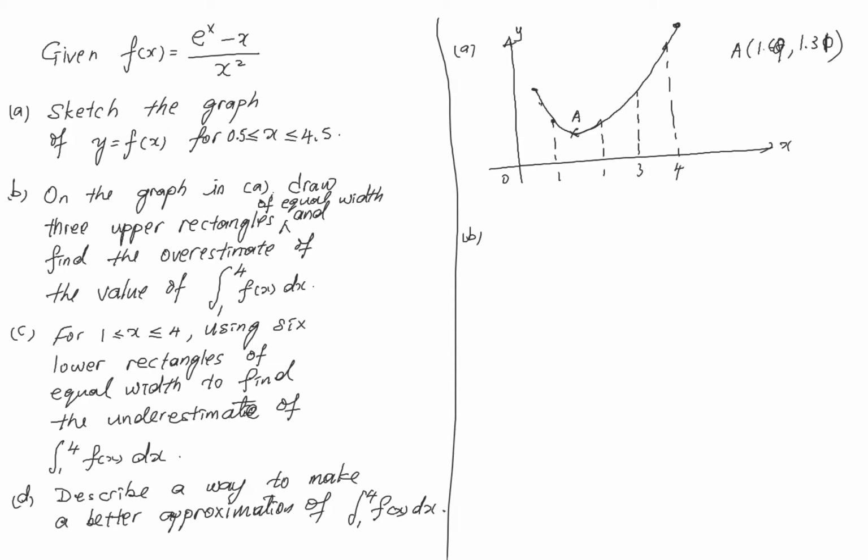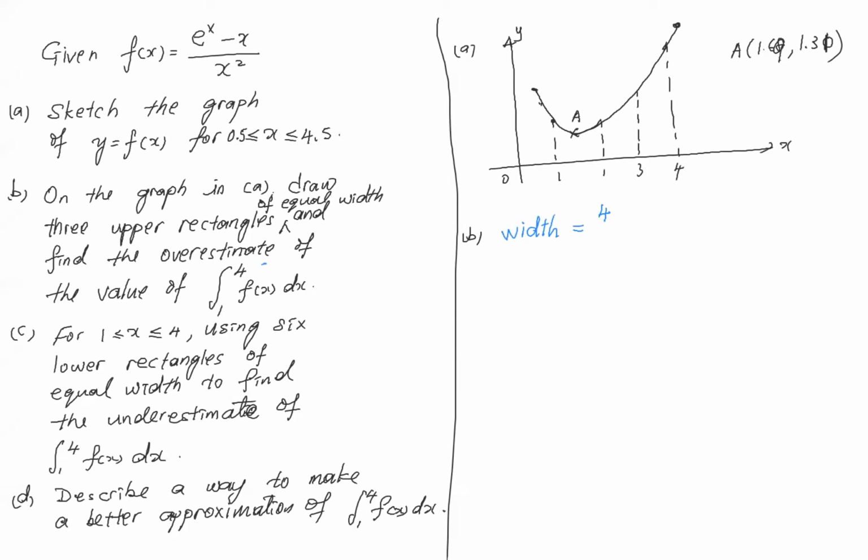Okay, so now the most important thing is you must know, every time when you do all this, what must you calculate first? You must calculate the width. Still remember how to calculate the width? The upper limit.